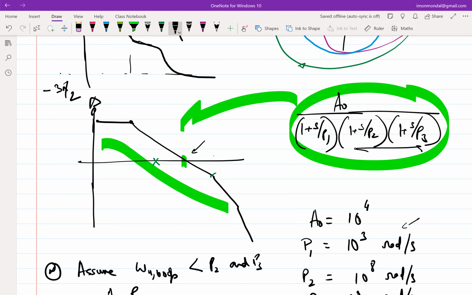Pick one pole and push it to lower frequency, so as to ensure that around omega U loop, you have minus 20 dB per decade roll off. That naturally means that your system will become slower, because you are pushing poles to lower frequencies and your omega U loop is also going to lower frequencies. That is, in my opinion, the sole negative thing about negative feedback. Everything else is positive, right?